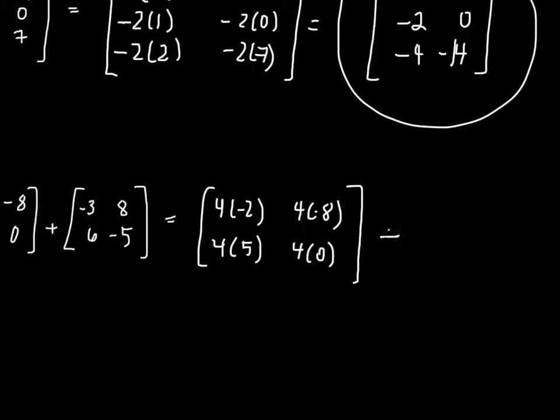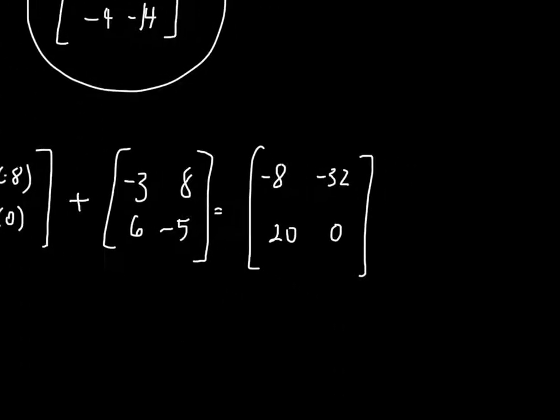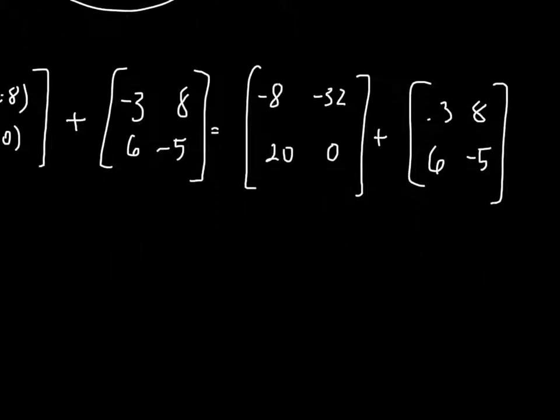So plus -3, 6, 8, and -5, and then simplify. So this is our simplified scalar matrix, or scaled, I guess you could say. It's not the official term. And then we're going to add it, like I said. Our simplified answer is -11, 26, -24, and -5.